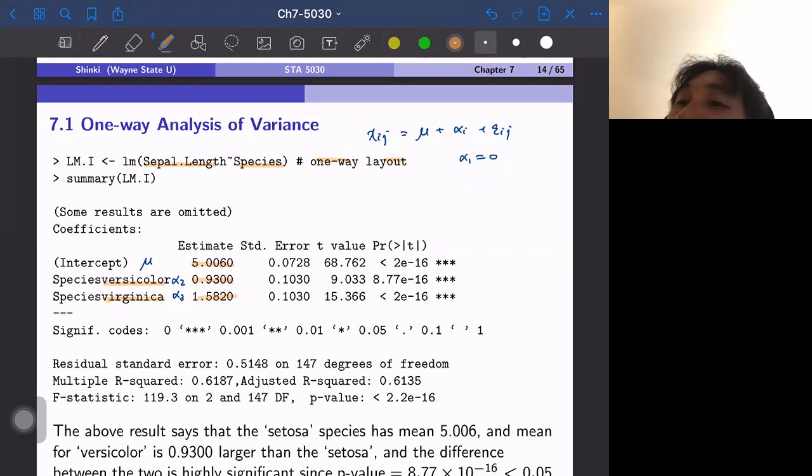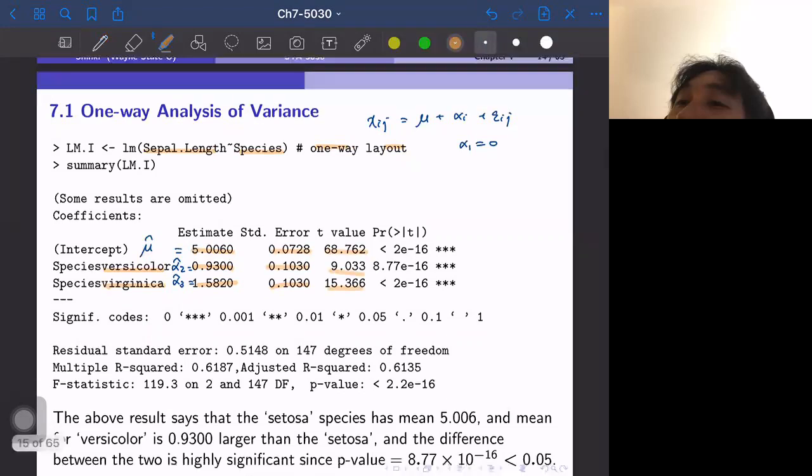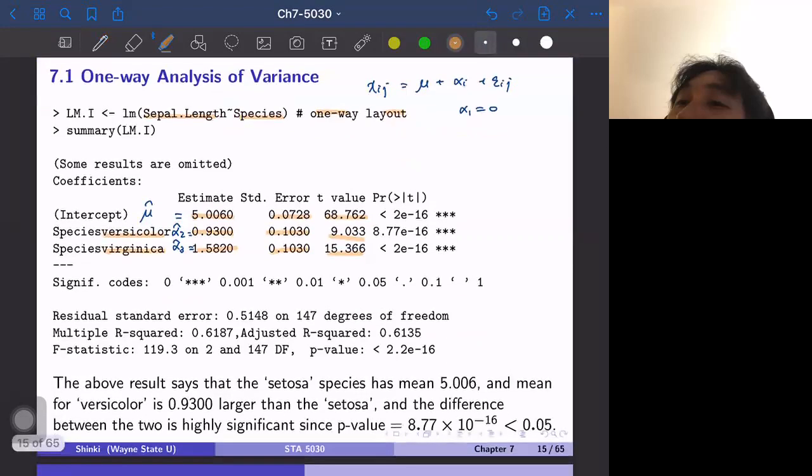So here are the estimates. These are mu hat, alpha_2 hat, and alpha_3 hat. And you can see the standard error and also t-values here. This means that the setosa, the first group, is the baseline.